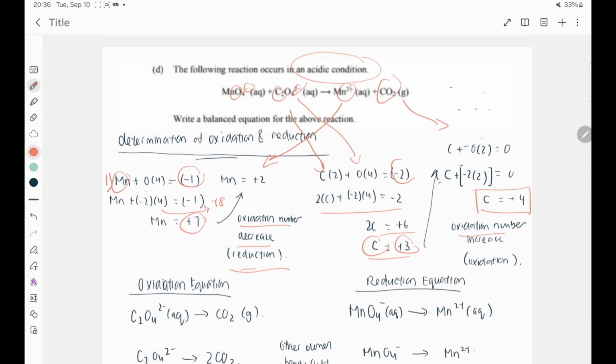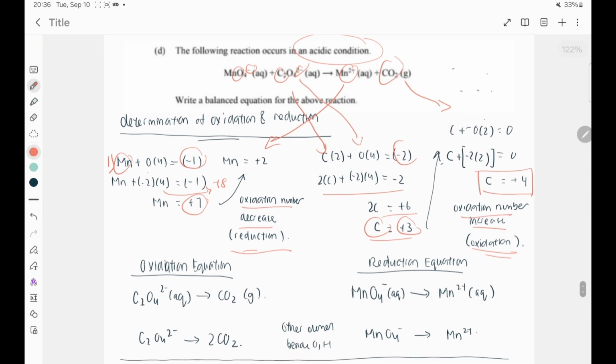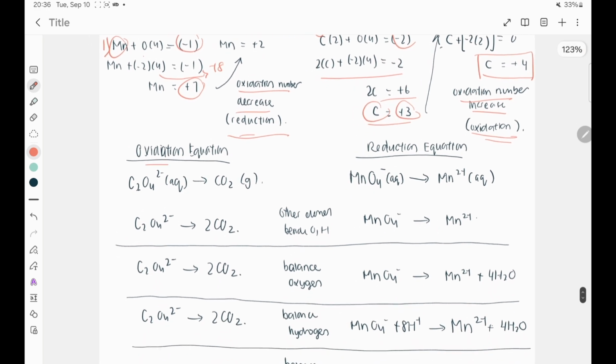So the oxidation number increases, which means it is an oxidation process. So we get an oxidation equation and a reduction equation. When you write it out, don't forget to add the aqueous state or gas state. It is important for you to score marks, so remember to write it.